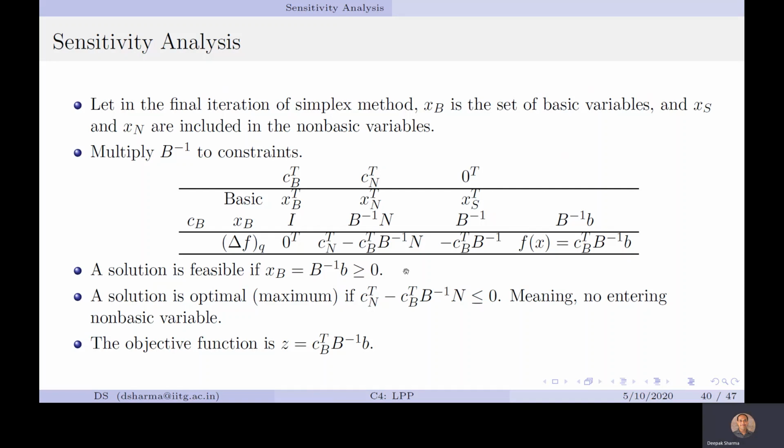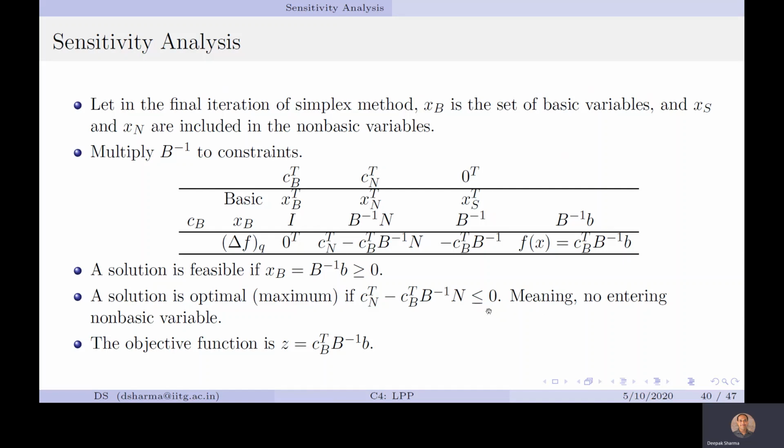And what is the optimality condition? The optimality condition for a maximization problem is that not a single non-basic variable has a positive delta Z value. So the vector written under the XN column has to be smaller than or equal to 0, meaning there is no entering non-basic variable.